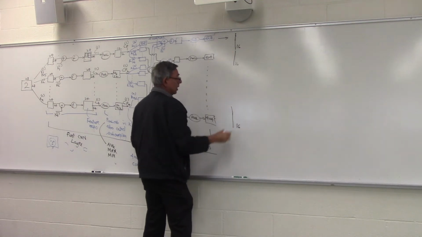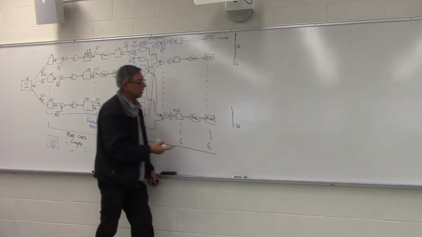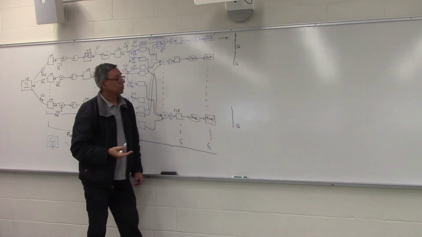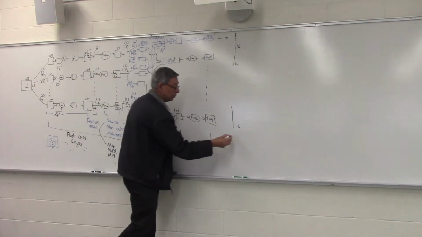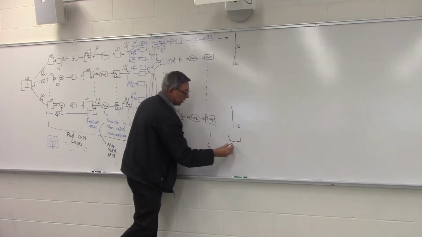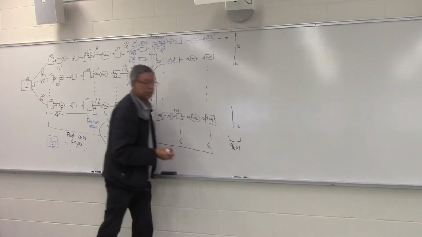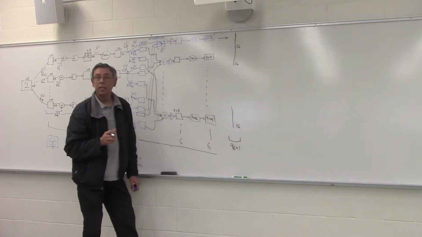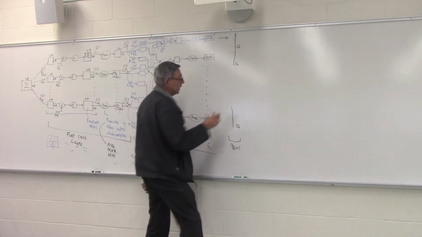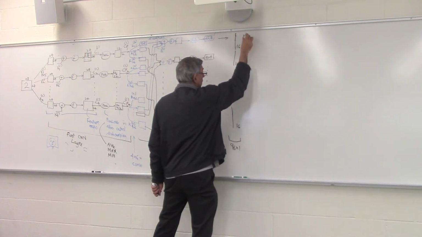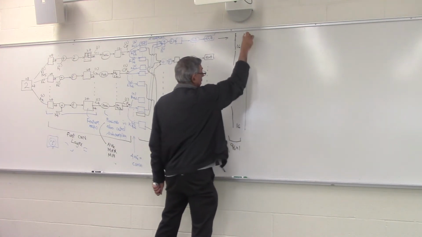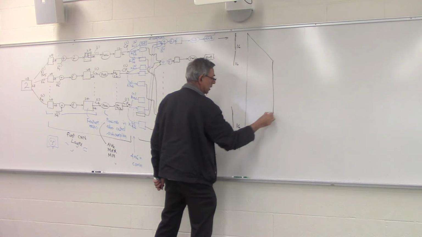So how many total features did we have over here? 6. So 16 times 6 will be 96 by 1. Everybody agrees? Now these can be fed into a neural network.